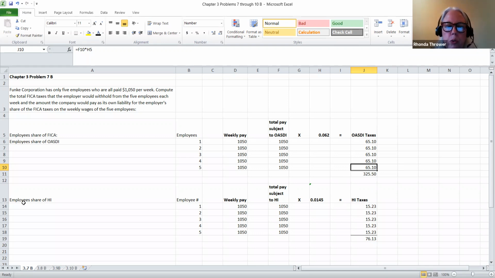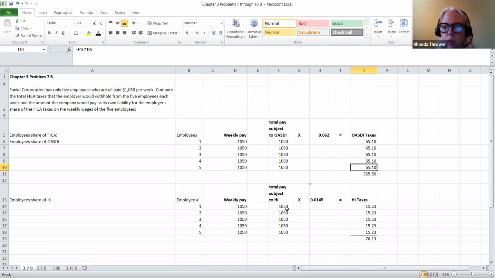Again, we're going to calculate the amount of taxes that each of the employees owe for Medicare or HI. Employee number 1 was paid $1,050 weekly. All of that is subject to the HI tax at 1.45%. Notice I've changed it to a decimal point here.